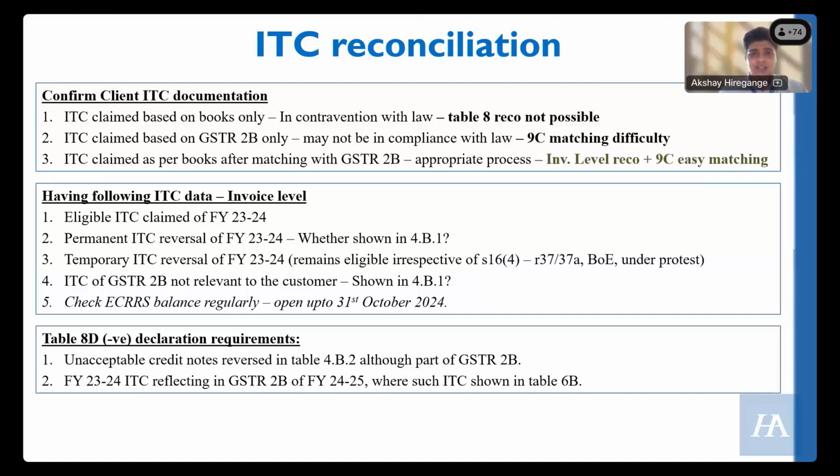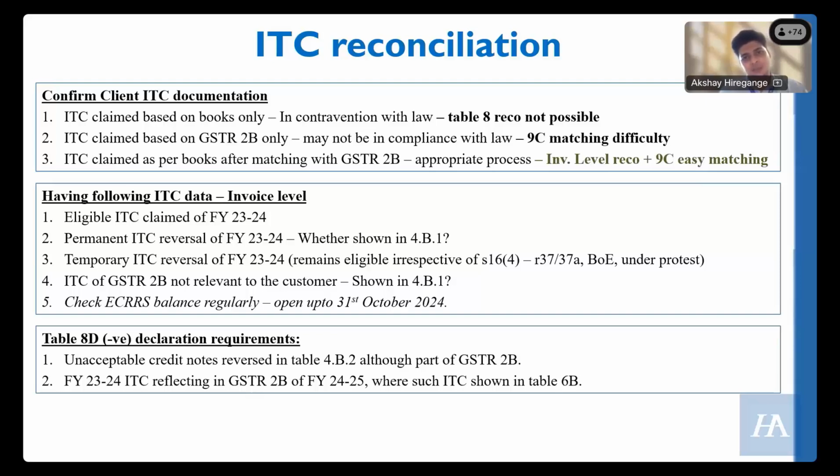Bill of entry is a disputable point. In our personal view, bill of entry is not linked to the time limit provided under the law, which is 30th November, because section 16(2) for the matching concept uses the words invoice and debit note. Second, in 16(4) time limit, again it uses the words invoice and debit note.